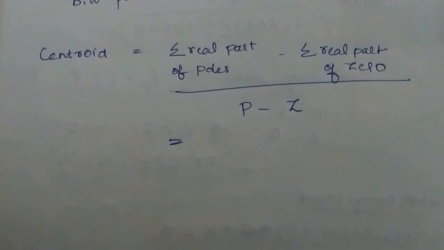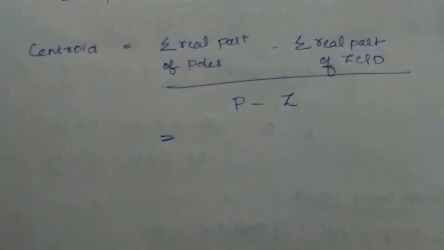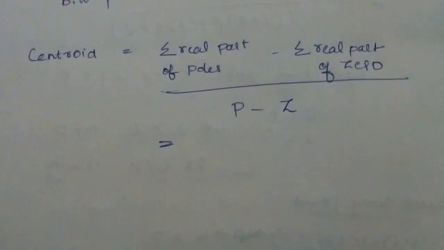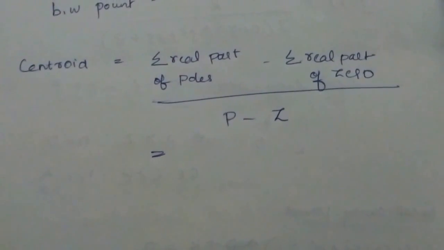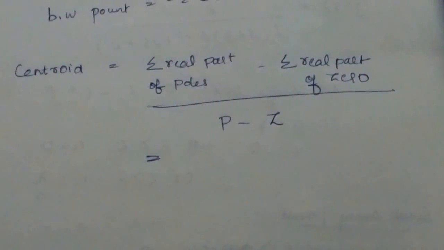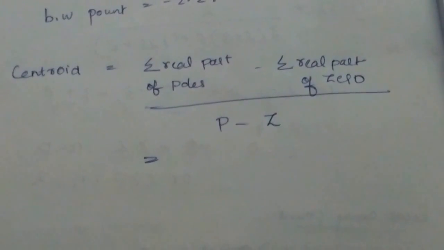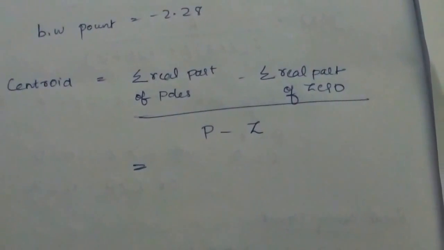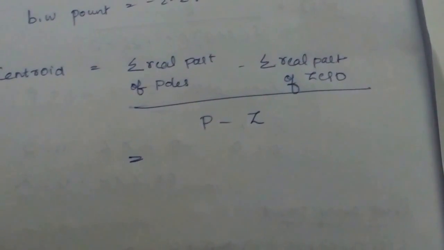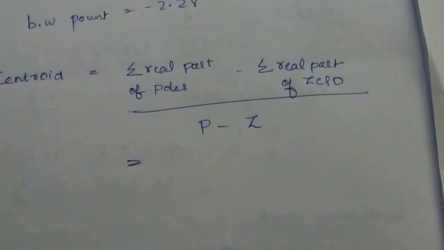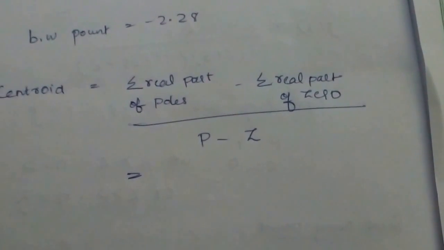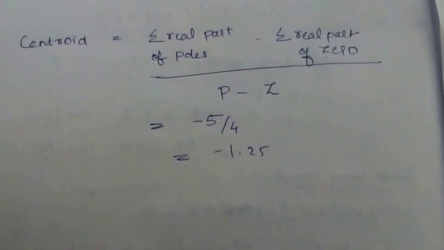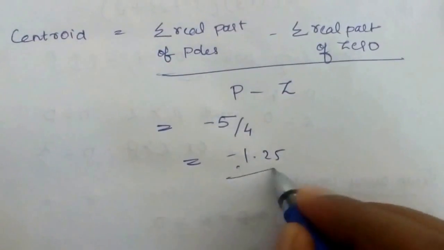The equation to find the centroid of the asymptotes is: sum of real parts of poles minus sum of real parts of zeros divided by number of poles minus number of zeros. By the way, we have no zeros here, so add the real parts of the poles and divide it by the number of poles. After all our calculations, we get the centroid as minus 1.25.